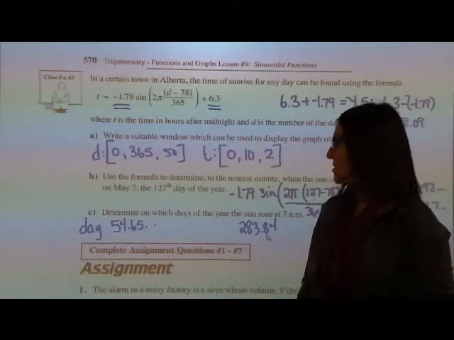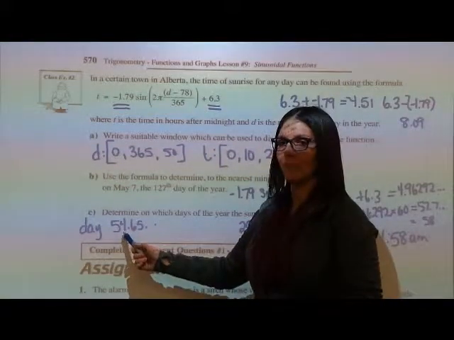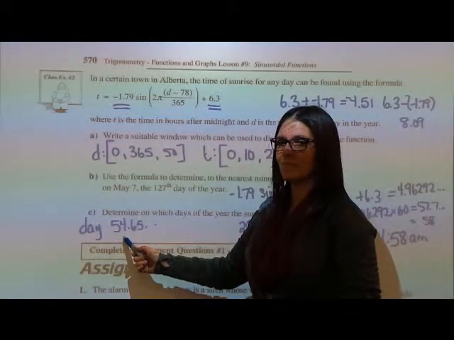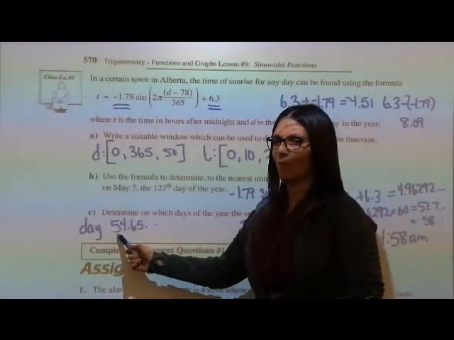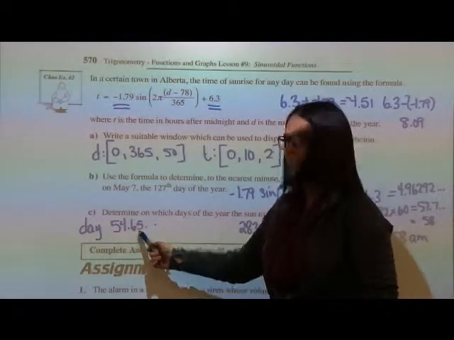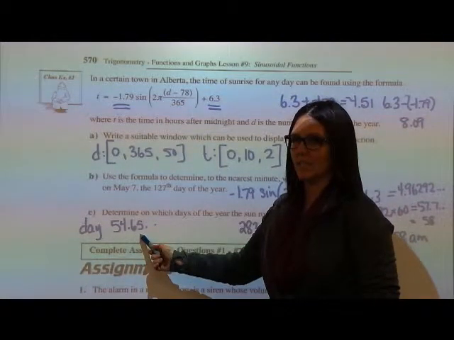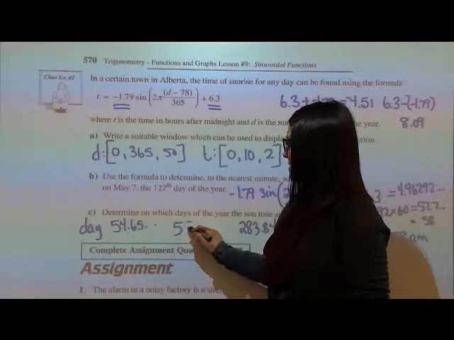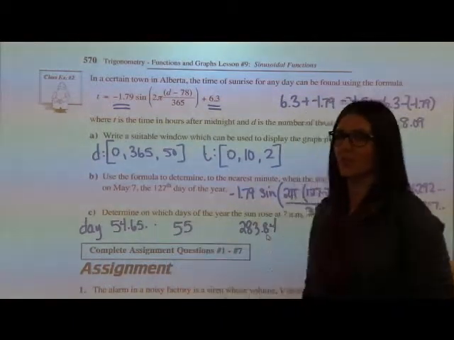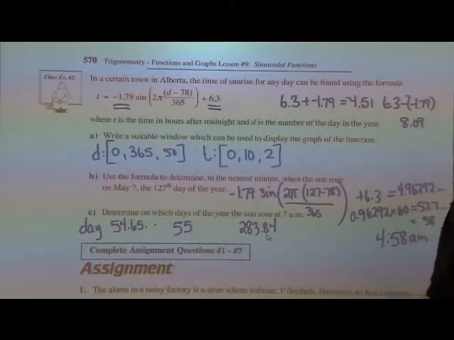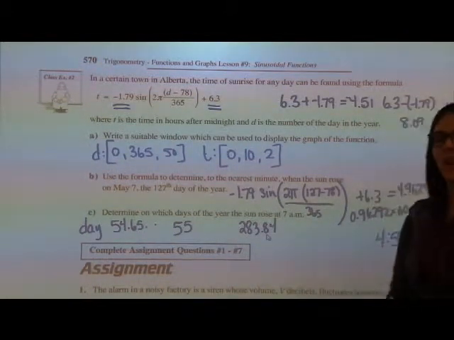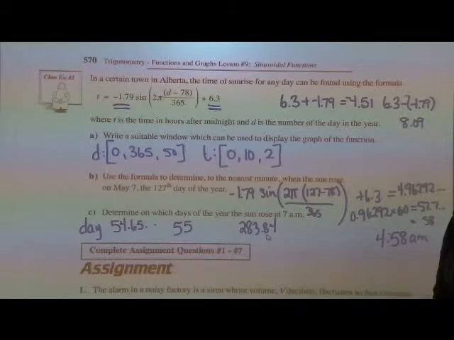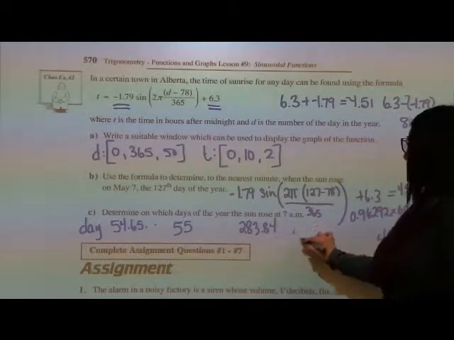Which one's going to be closer to 7 a.m.? 54 or 55 if I'm supposed to be at 54.6? Day 55 is going to be closer to 7 a.m. What about at 283? Is it the 283rd day or the 284th day? The 284th day.